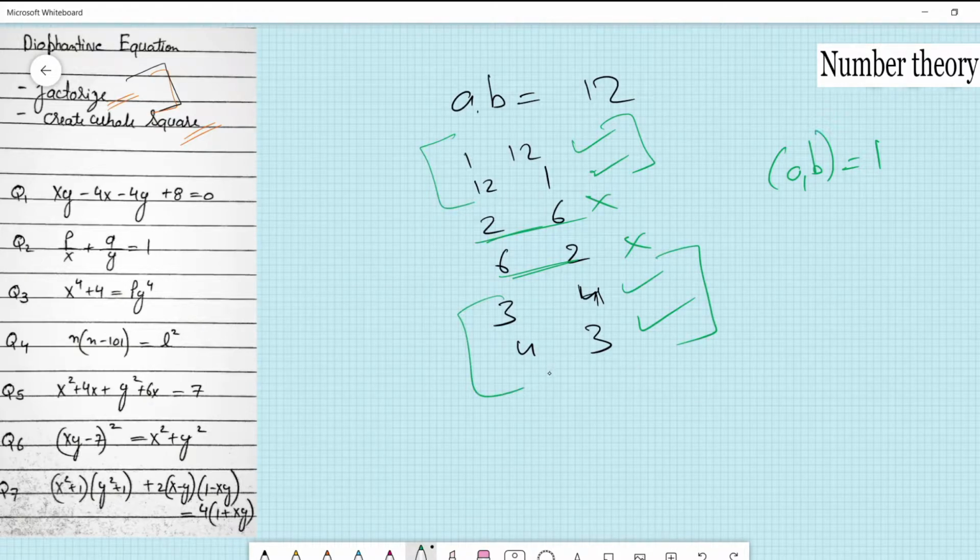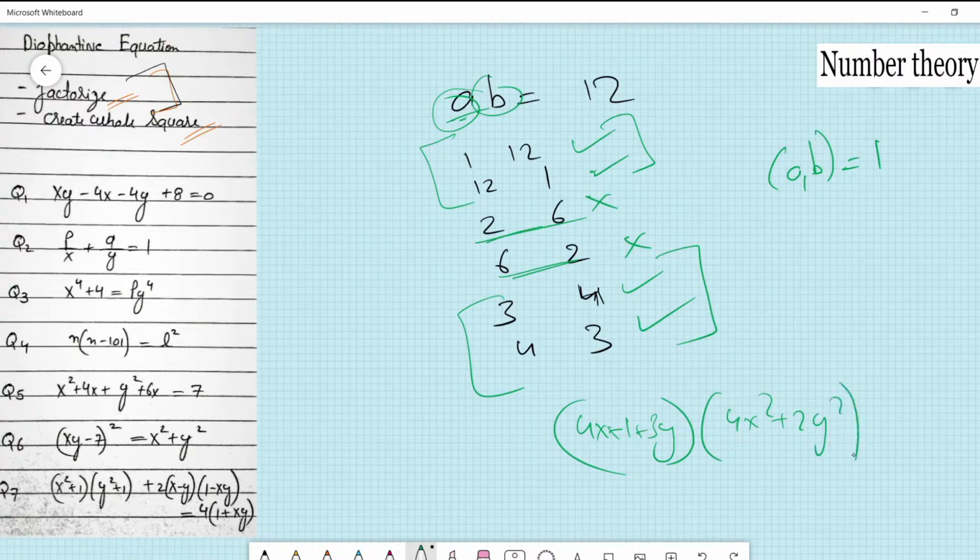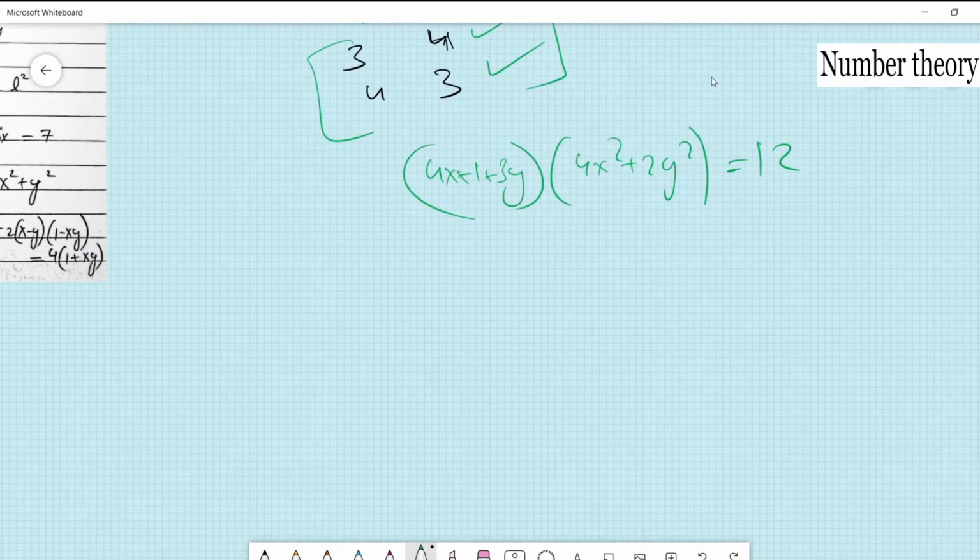Why am I saying cases? Because generally you will not be given single digit terms here. What you will have is something like this: 4x plus 1 plus 3y times 4x square plus 2y square is equal to 12. So then this will be 1, this will be 12. This is case 1.